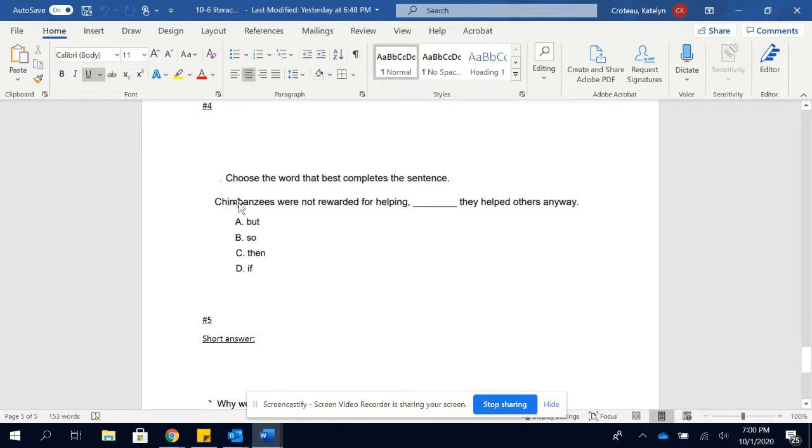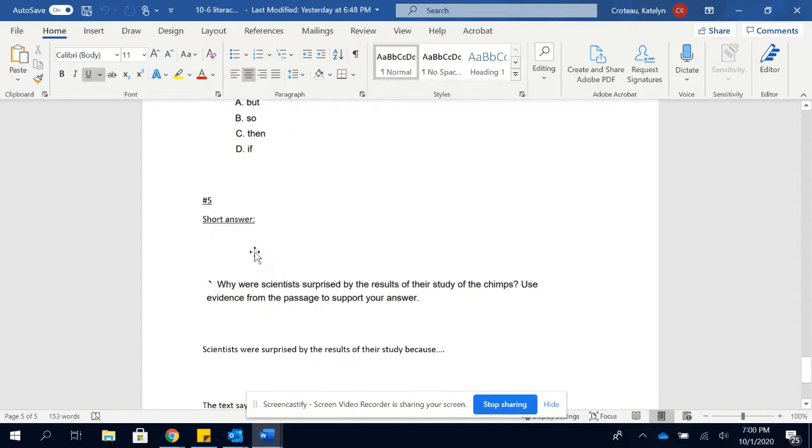Chimpanzees were not rewarded for helping, blank. They helped others anyway. But they helped others anyway, so they helped others anyway, then they helped others anyway, or if they helped others anyway. And I believe if you go back up to the text, you will probably find wording quite similar to what they're looking for here. So you may just need to go back to the text.